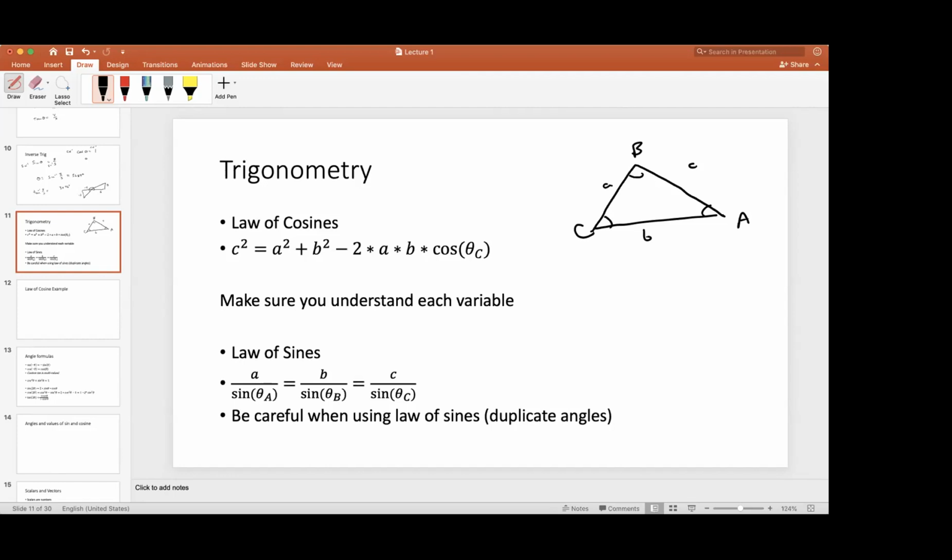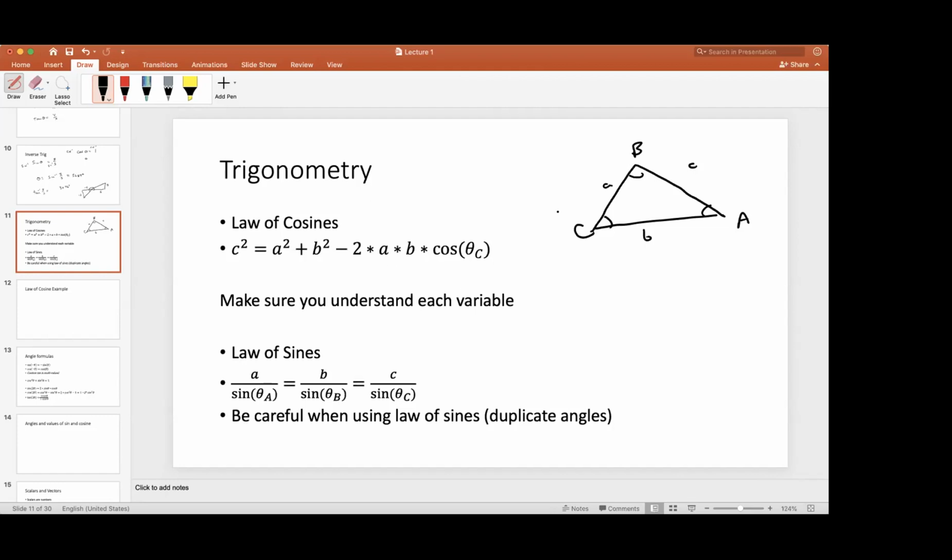So if you were given a and b and angle C, and you wanted to find little c, you would have to take the angle to be the angle across from little c. Okay, just make sure part of that quiz is going to be labeling it correctly, making sure that you can put the variables in the right spot in this equation.